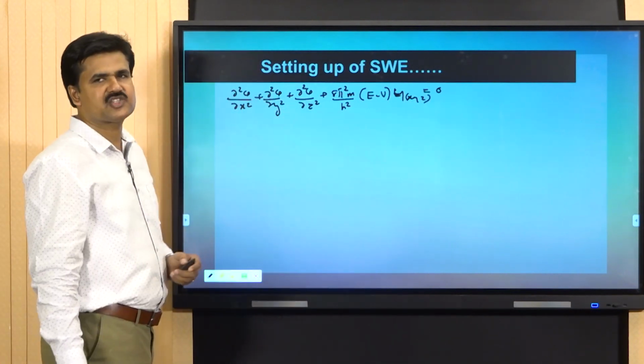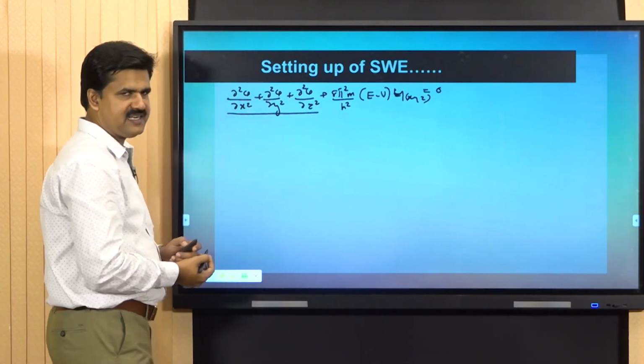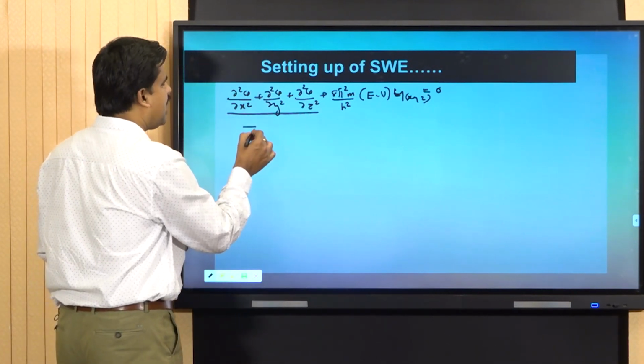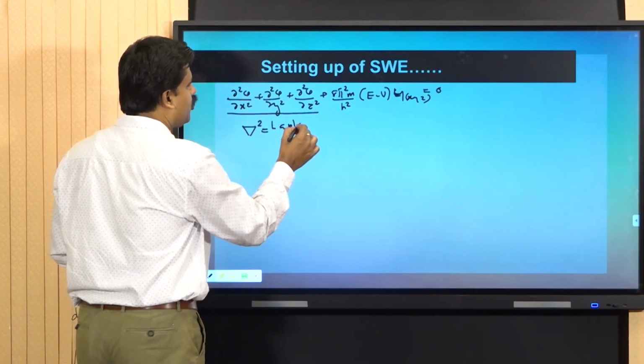This is the complete Schrodinger wave equation, and this term can be further simplified by incorporating an operator called del square or Laplacian operator.